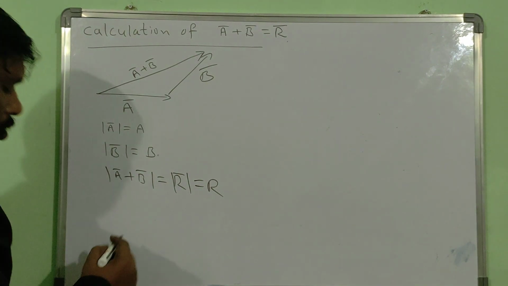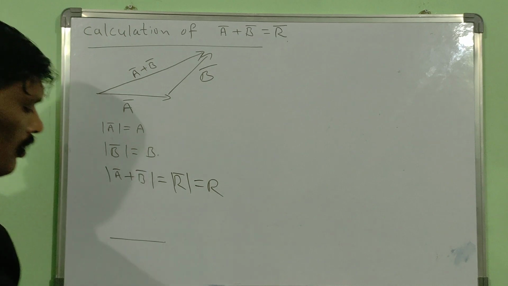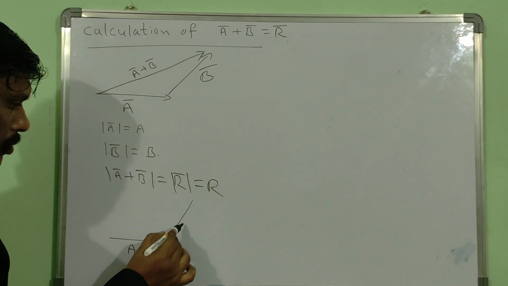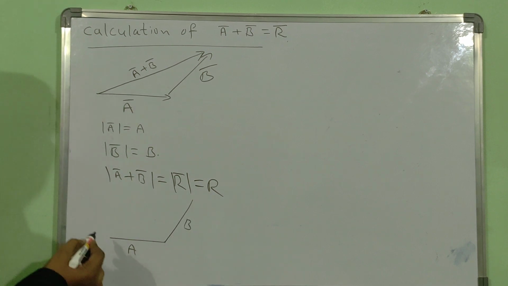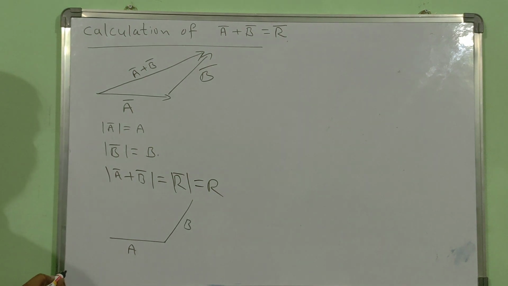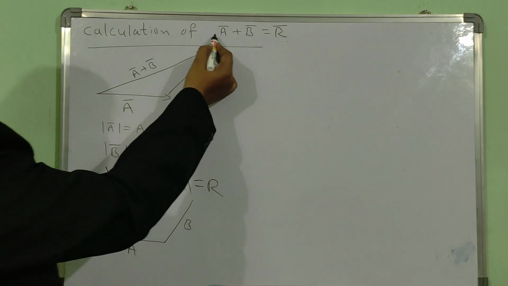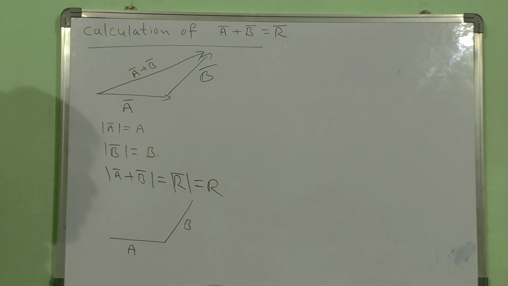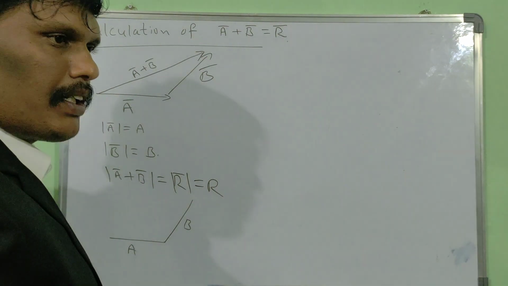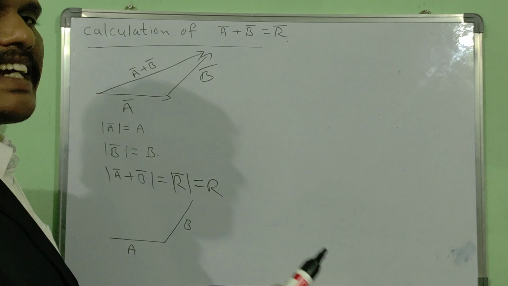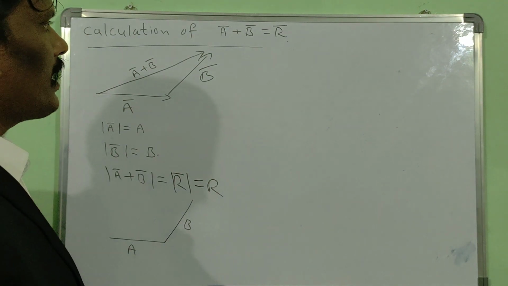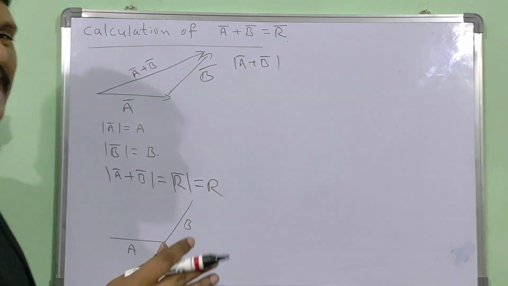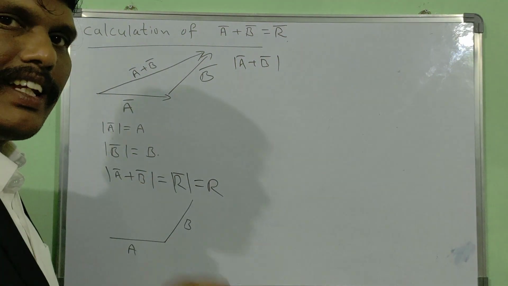That means here I am going to consider a triangle. This is the magnitude of A bar vector. This is the magnitude of B bar vector. To calculate the magnitude of A bar plus B bar, or modulus of A bar plus B bar, I require the side lengths of the triangle.